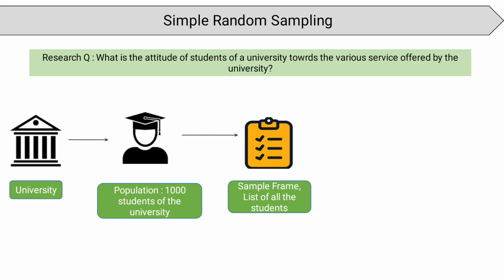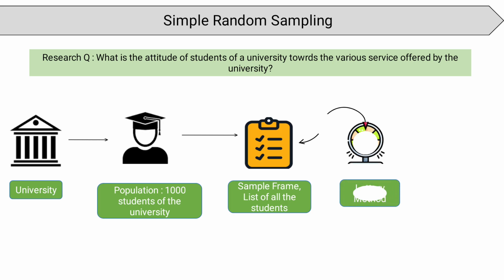So you first list down all the 1000 students on a paper or in your spreadsheet. Either you can write down the 1000 students' names or roll numbers as per your convenience.